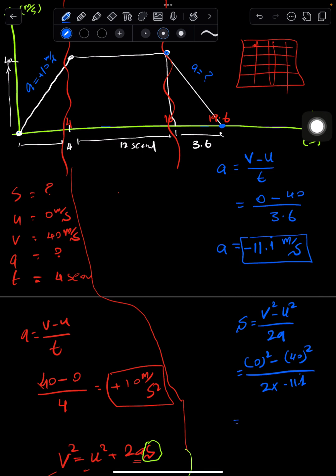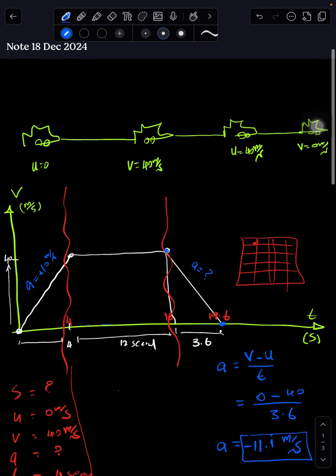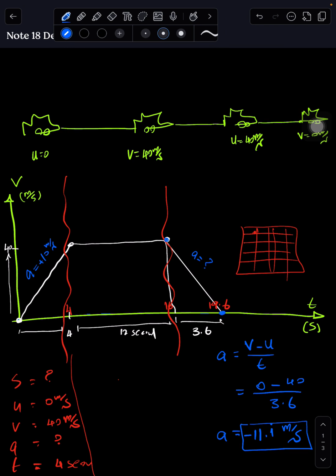If you plug this data into your calculator, you should get a number which is equal to 72 meters.